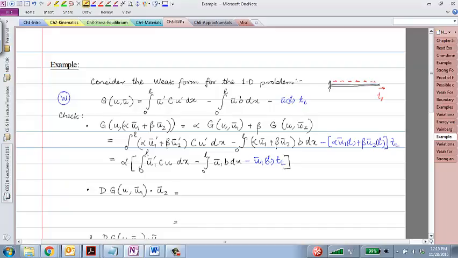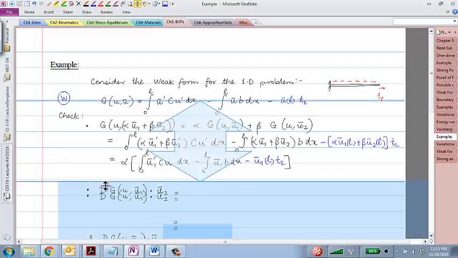That's the first bracket, and I'll need some more space.